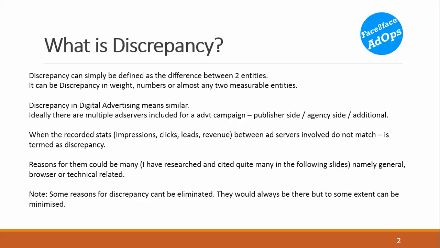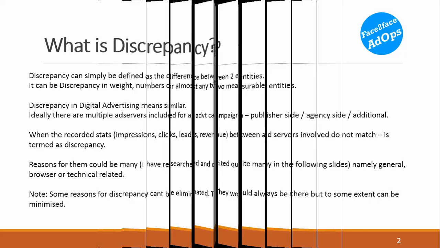We might be able to bring down the percentage of discrepancy or the probability of that reason, but we can't eliminate that reason completely. We'll be talking more about which kind of reasons in the slides to follow. So this is all about what is discrepancy.